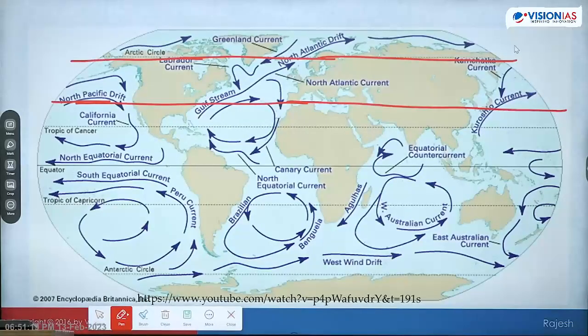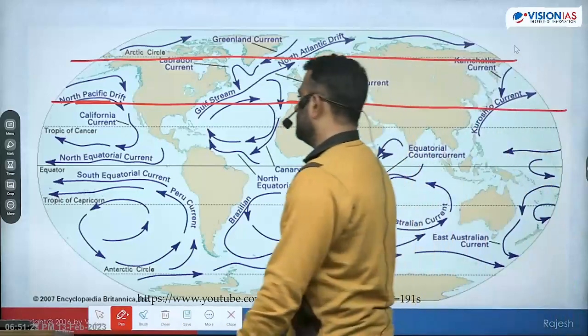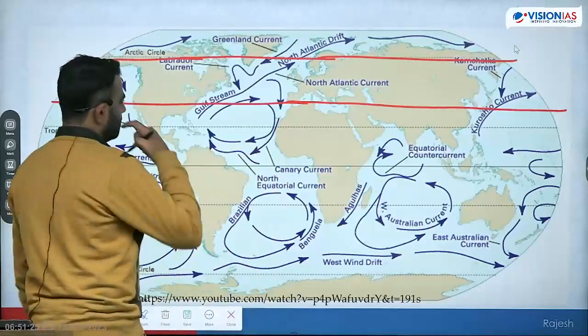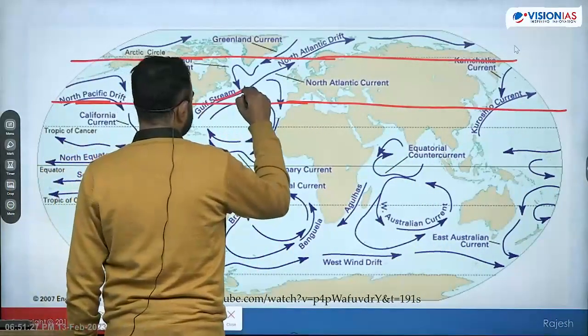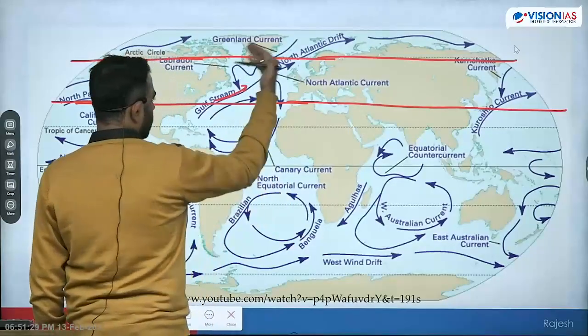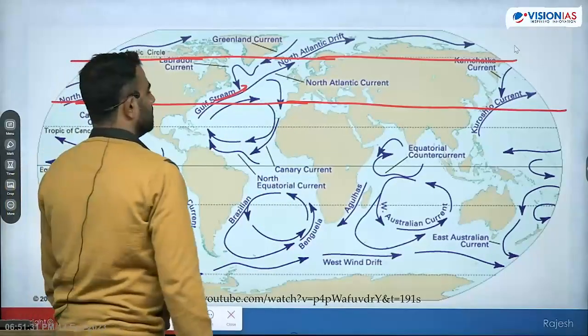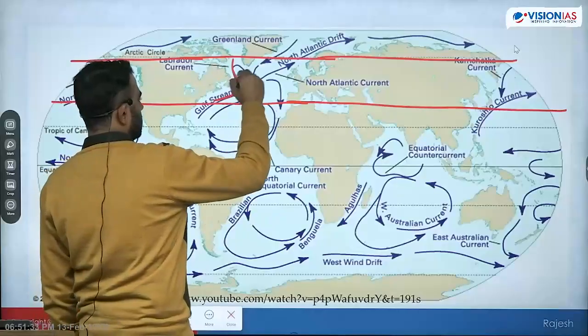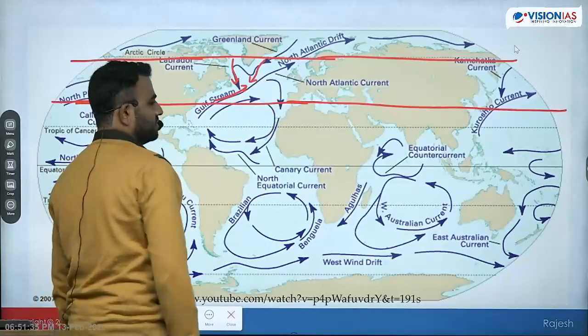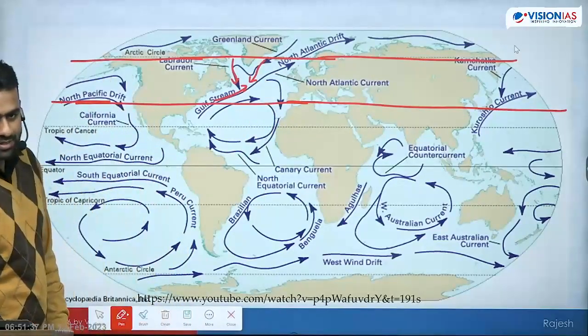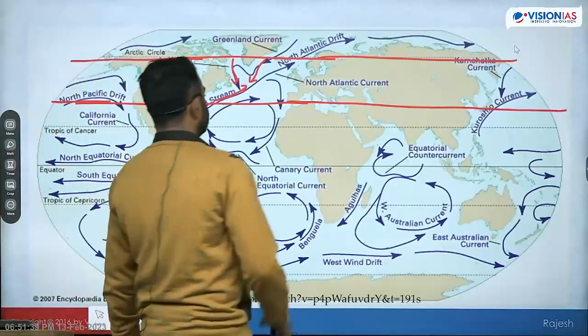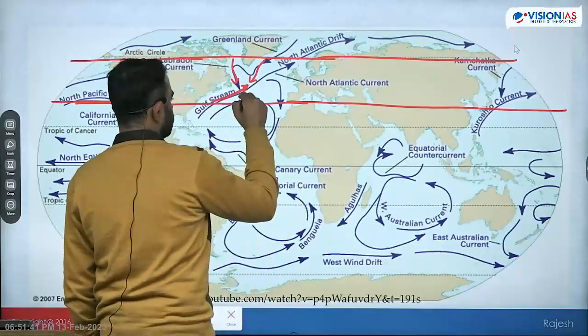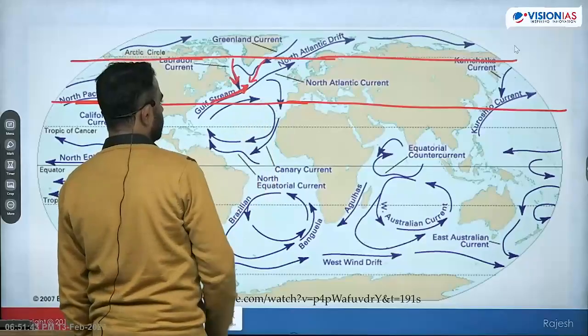Even in temperate regions, we see a fixed pattern where the warm currents are trying to move towards the higher latitudes, and there are some cold currents which come and merge with the warm currents. So here the Gulf Stream is merged with the Labrador current.